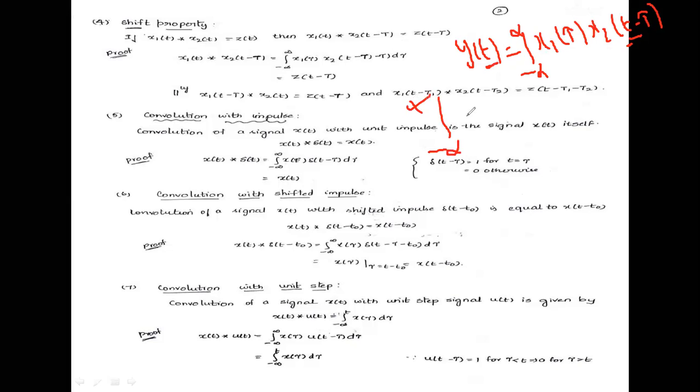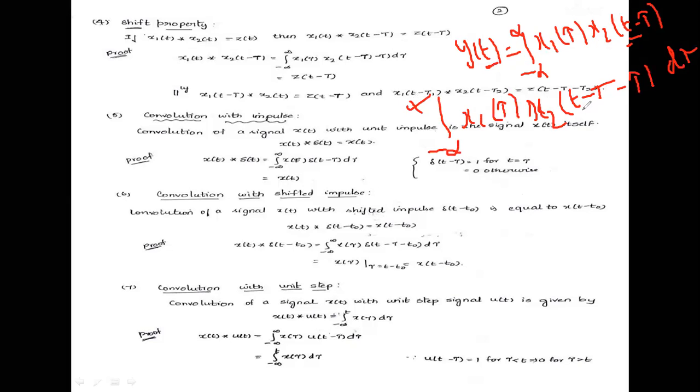See, the formula itself says, we'll explain this one. y of t, the convolution integral from minus infinity to infinity of x1 of tau, x2 of t minus tau, the t here and here the t. But in this equation, the integral from minus infinity to infinity of x1 of tau, x2 of capital T minus tau, d tau.